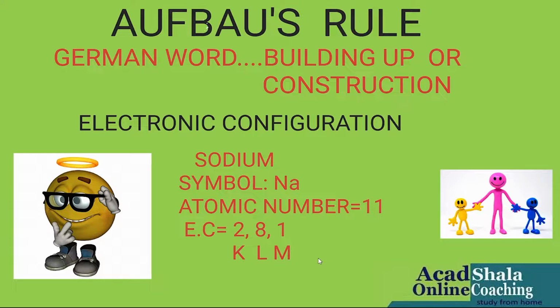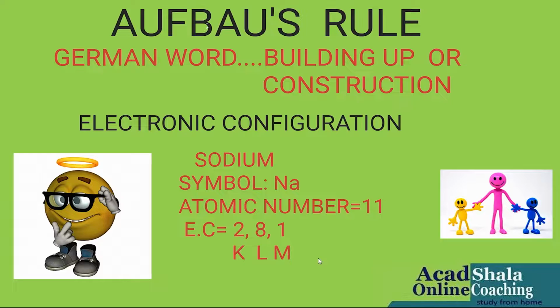Now we have quantum numbers, so we will fill the electrons in the subshells or orbitals and not in shells. This we are going to study now in class 11th. That is why this is a very important rule, known as Aufbau rule or Aufbau principle.